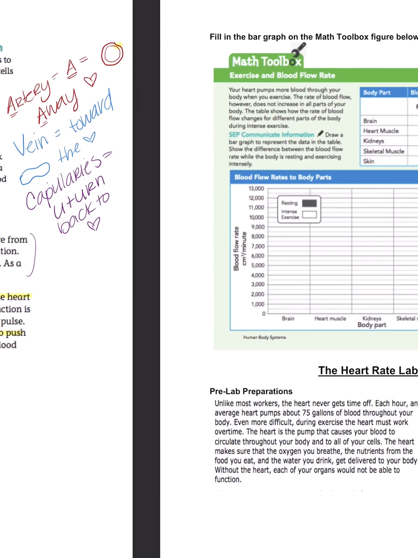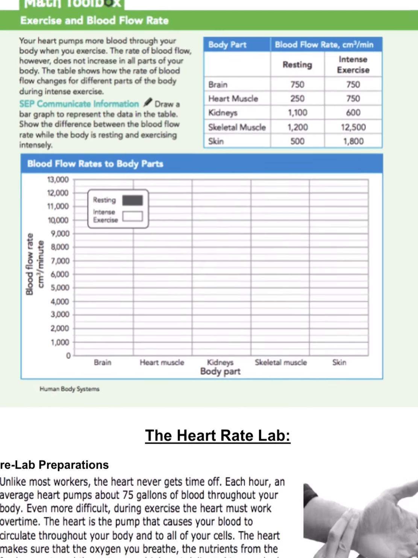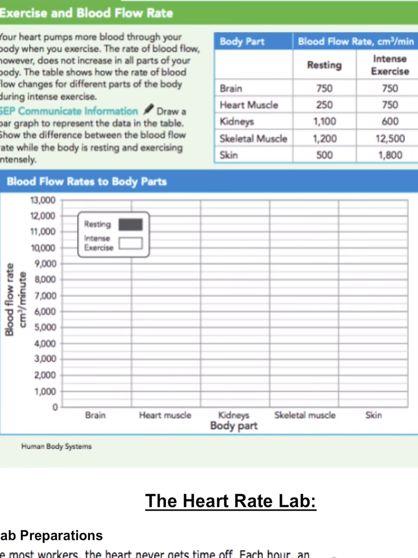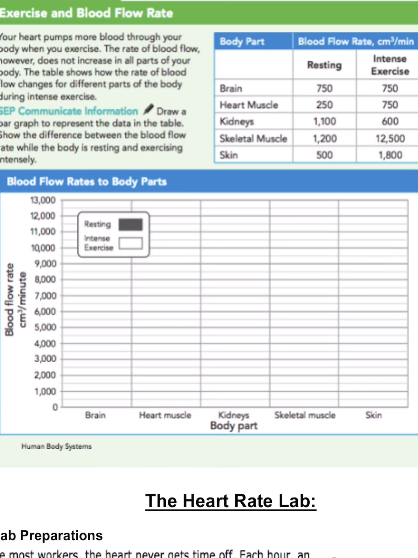All right, so finishing up this section, it asks you to make a little bar graph. I'm going to use gray for resting and white for intense exercise. Your heart pumps more blood through your body when you exercise. The rate of blood flow, however, does not increase in all parts of your body.